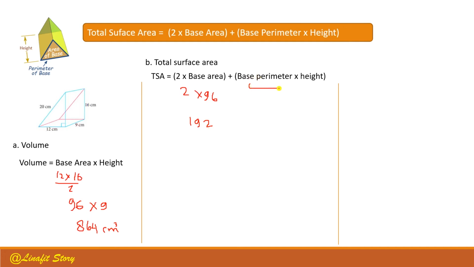So the perimeter of the triangle is 12 plus 16 plus 20 is equal to 48. Times the height of the prism, 9. 48 times 9 is equal to 432. So 192 plus 432 is equal to 624 square cm.